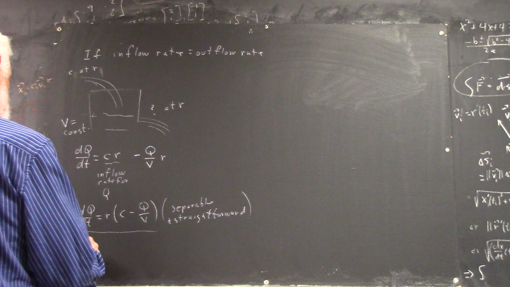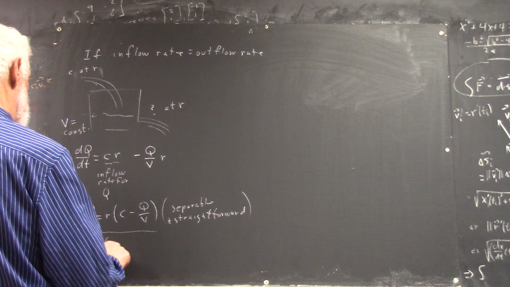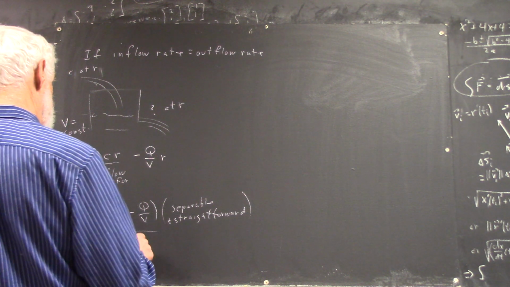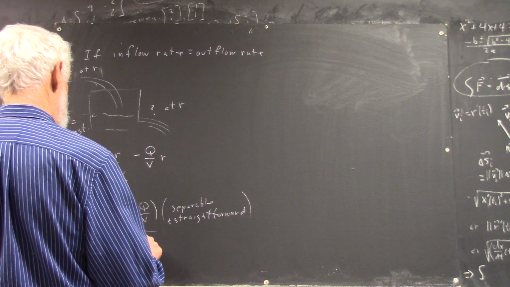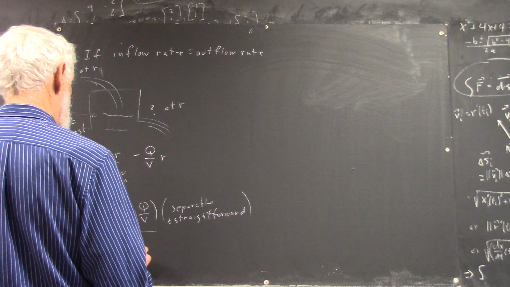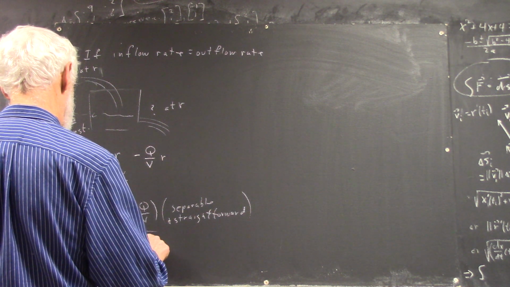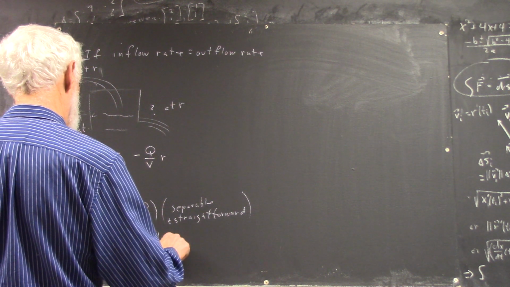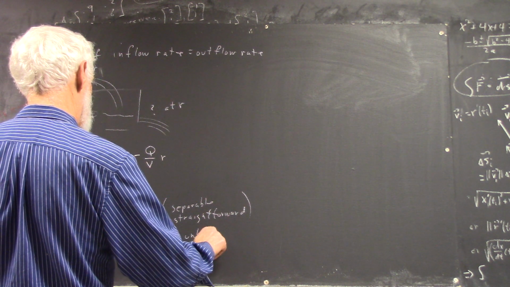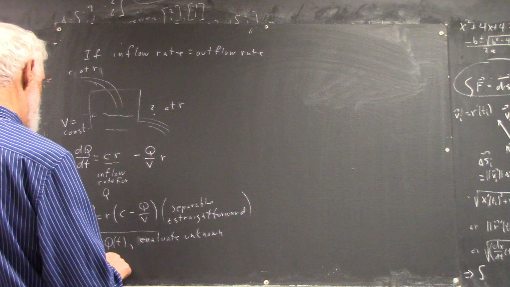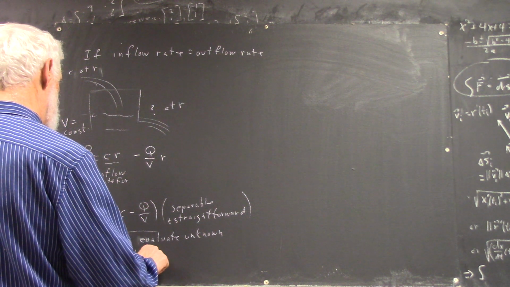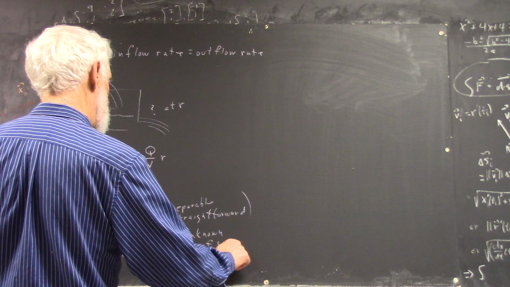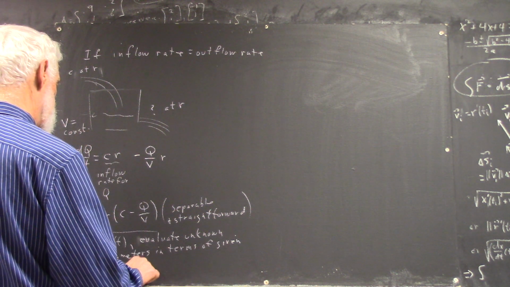So you find Q of T, and then evaluate your unknown parameters in terms of the given conditions.